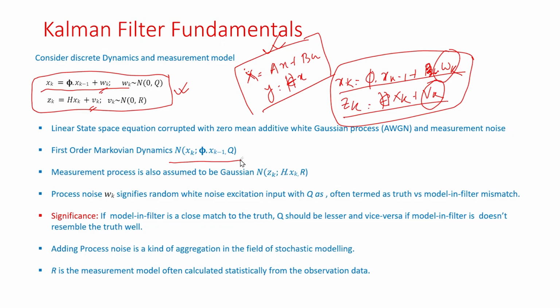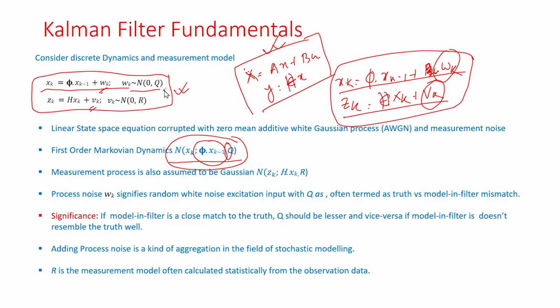This is called first order. First order means I know k, I can go to k plus 1 instantaneously. That is why this state equation is postulated with first order Markov dynamics. When I say Markov dynamics, it is a Gaussian distribution with this as your mean and this as your covariance. What is Q? Q is the covariance of the random excitation which you have modeled in your state.